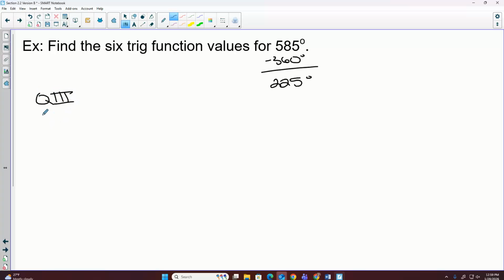Quadrant 3. My reference angle. In quadrant 3, we have to subtract 180, and we get 45 degrees.